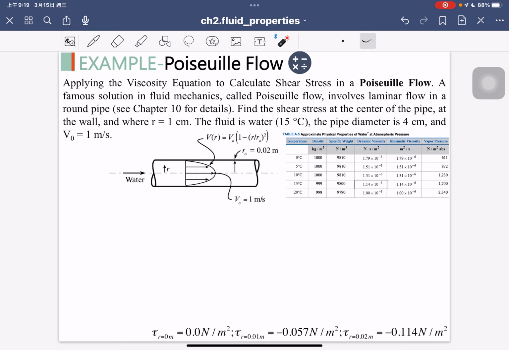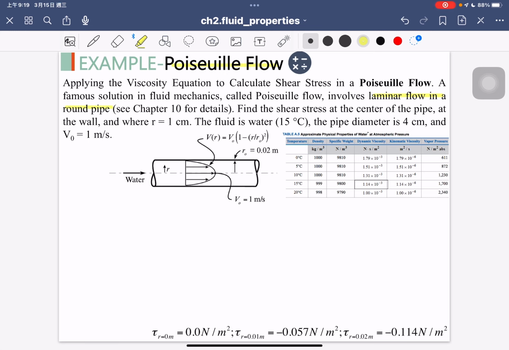Okay, so I highlight this example. We call that the Poiseuille flow. What is the Poiseuille flow? The Poiseuille flow is just the laminar flow in a long pipe. So you see there is a laminar flow in the long pipe, and we call that the Poiseuille flow.